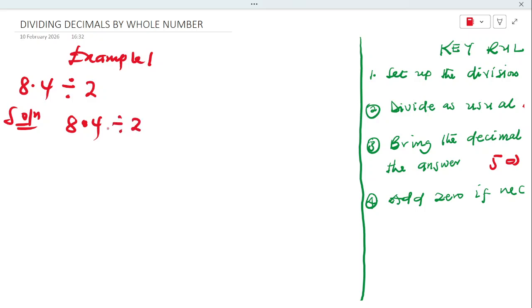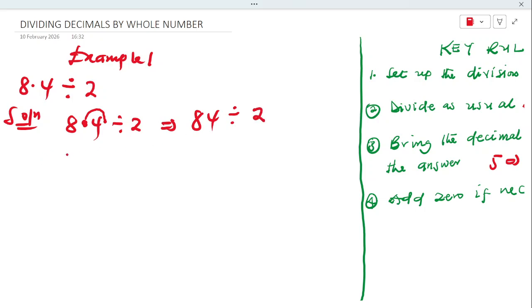So we said you set up the division as normal. You make it a whole number by moving the decimal point to the right to make the 8.4 a whole number. So you move it once. This gives us 84 divided by 2.